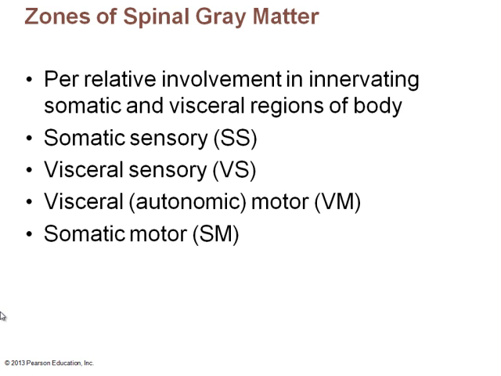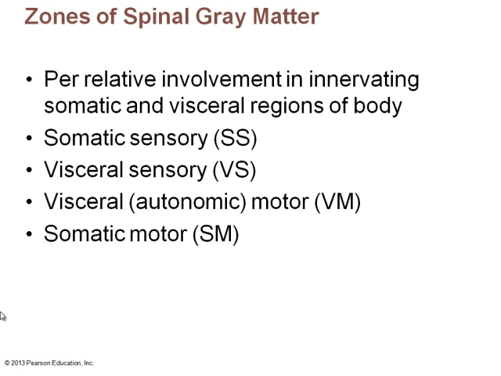Zones of spinal gray matter. Again, there's some processing that's going on very quickly, and a lot of that processing might involve reflexes, but might involve transmission of information. So we see somatosensory coming from what? Somatic sensory. Information coming in from the body.